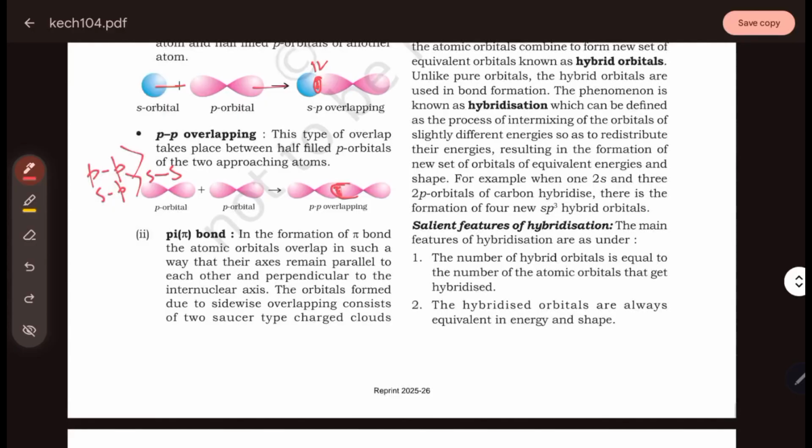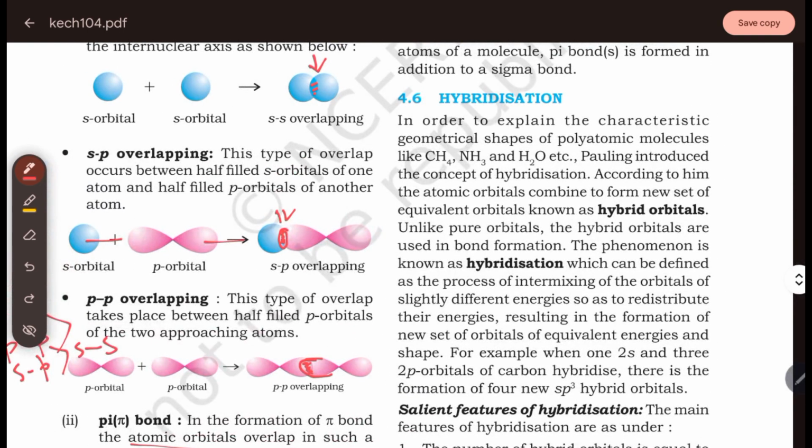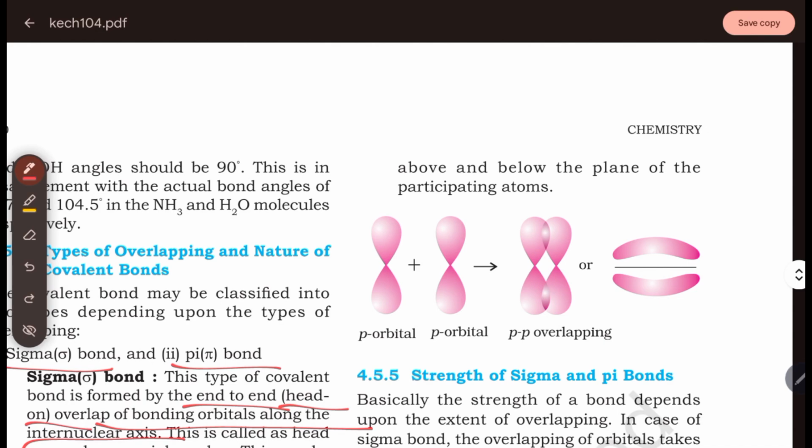Moving on to a pi bond. Pi overlap is a lateral overlap. This type of overlap occurs between atomic orbitals when the axes remain parallel to each other and perpendicular to the internuclear axis. So it is known as sideways overlap. And how the overlap takes place, let us see in the diagram. This is the 2p orbital overlap.